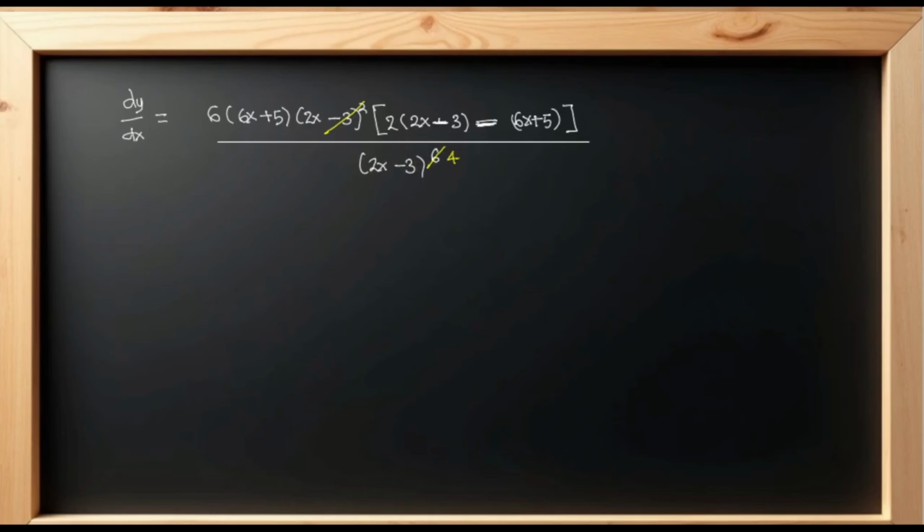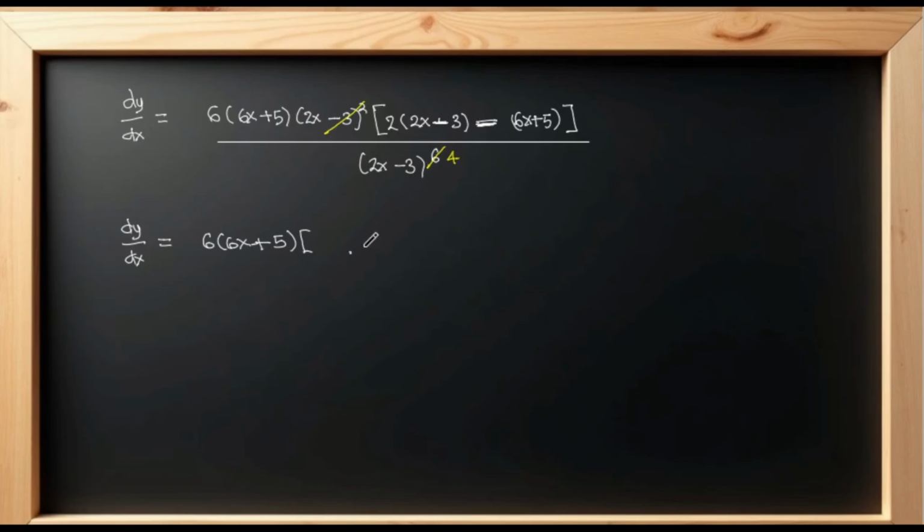So let's rewrite the remaining one and simplify also the numerator, and then we get dy by dx given by, the remaining term here is 6 into 6x plus 5. Now we can still maintain this bracket because we first need to open this bracket up.